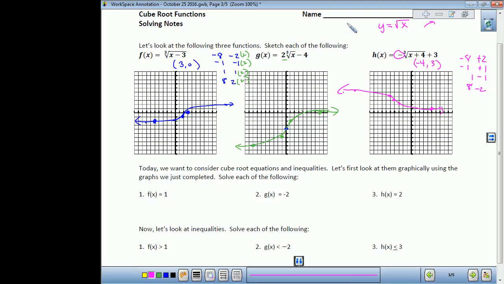But if we did a negative inside here, it opens this way. So it causes a reflection over the y-axis. But with the cube root, if you reflect over the x or the y, it looks the same. So I don't normally give you one like that because it doesn't look different. So it'd be the same thing as that? It looks the same. Okay.